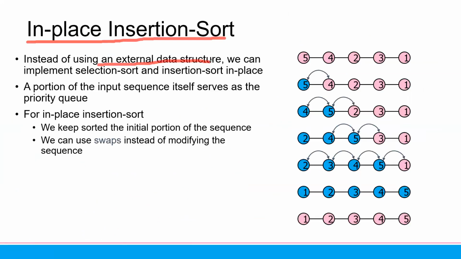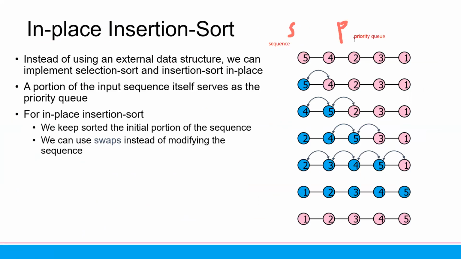In the previous one, we have S and we have P. S is the sequence, and we have P to represent the priority queue.